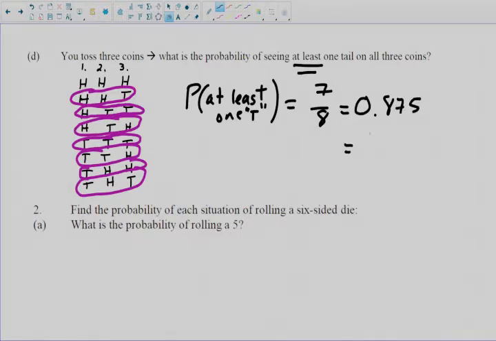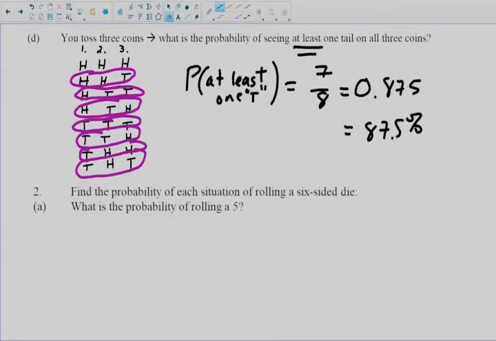And the percentage, multiplying by 100, moves the decimal 2 spots, would be 87.5%. So be careful when you read sentences. If you see words like at least, you have to understand that that means there can be more. If it says only one tail, that means only one, but at least means multiple.